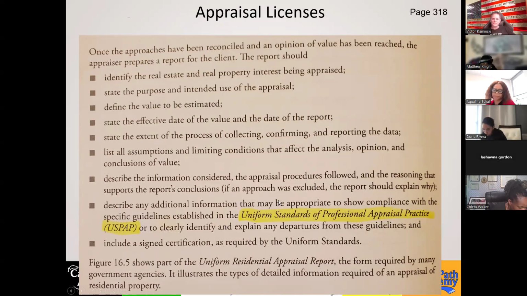Page 318, you can find that in the next to the last bulleted item. Those are the guidelines that they need to follow. And they need to take that 12-hour national USPAP course, 12 or 15 hours, I forget, every 2 years.